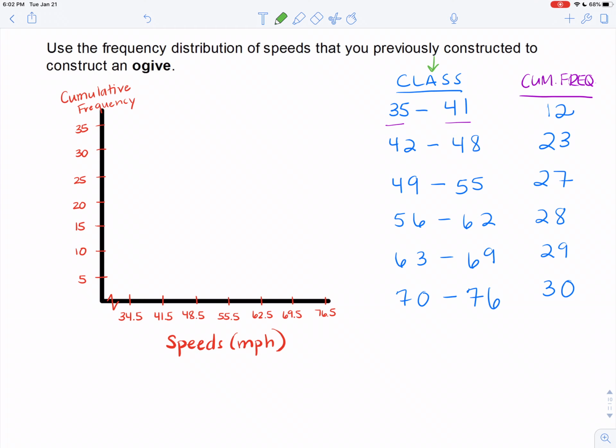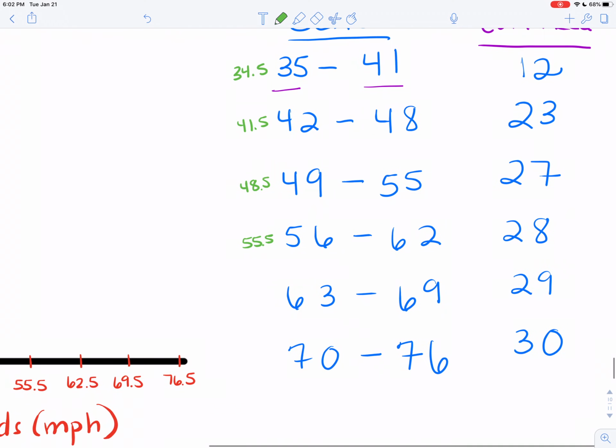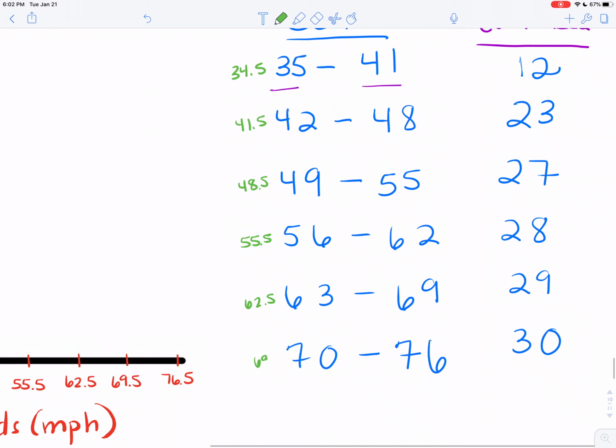So notice if I want to convert these to boundaries for all the lower limits, I'm just going to pull them back by 0.5. And for all the upper limits, I'm going to add 0.5 to pull them out in the other direction.